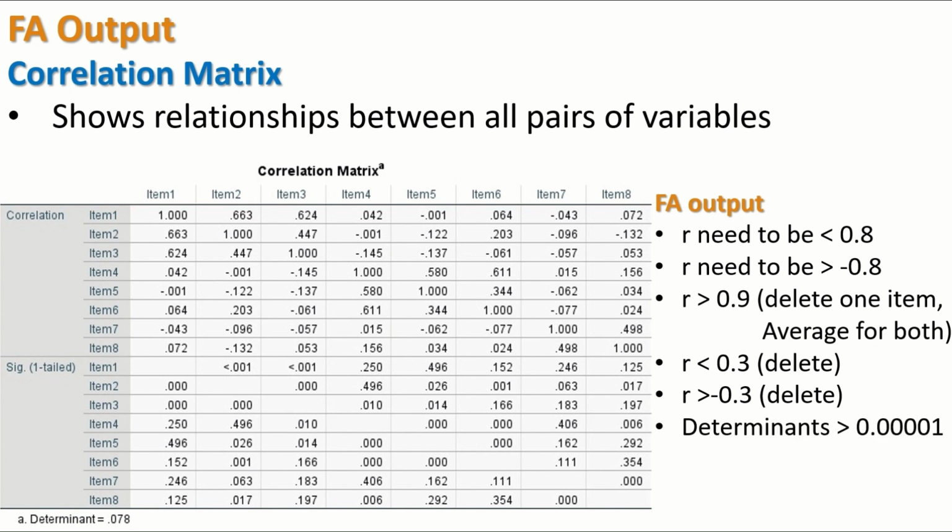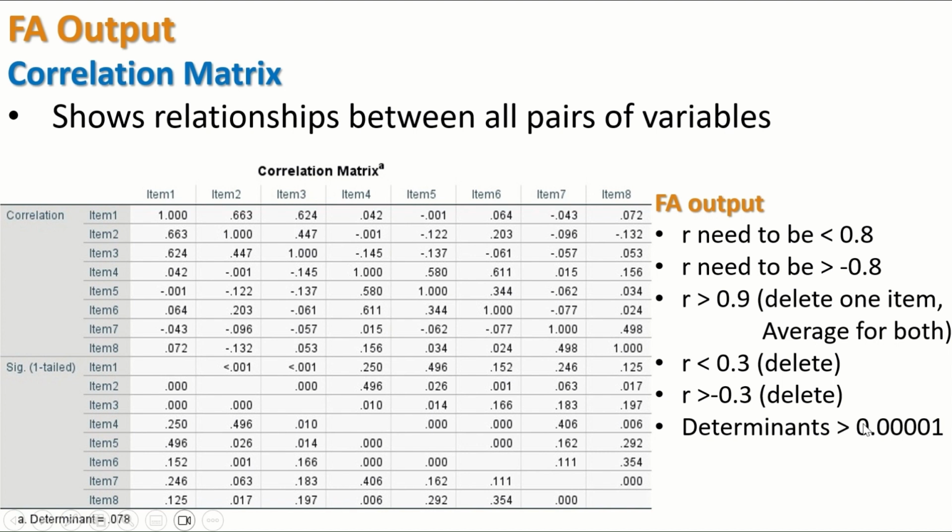In this output for the correlation matrix, there is also an important value, which is the determinant. It has to be greater than 0.001, and here from this table it is greater than that value.